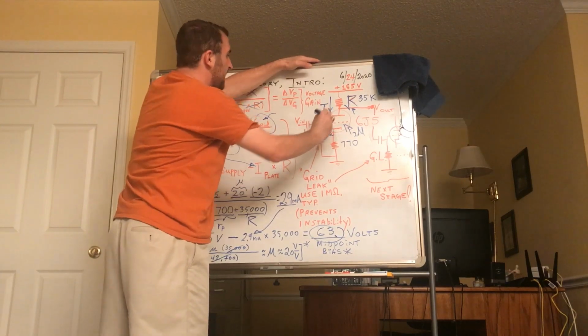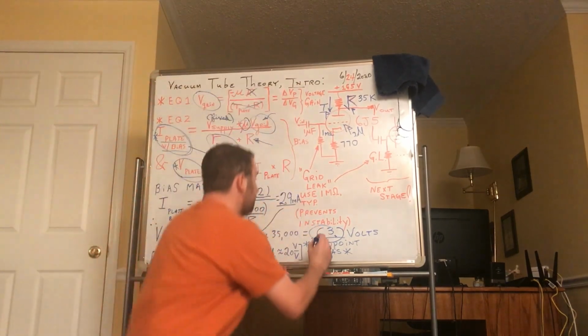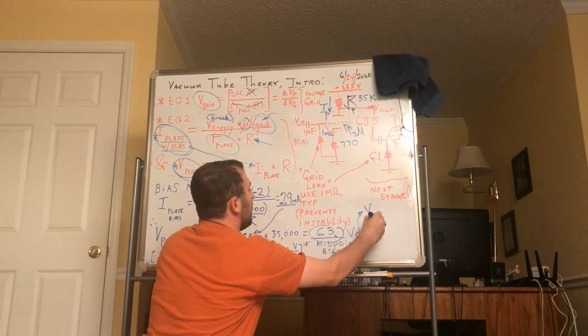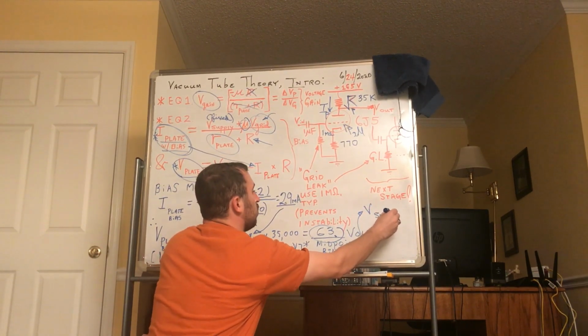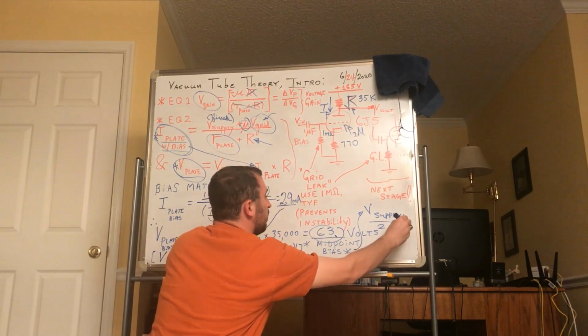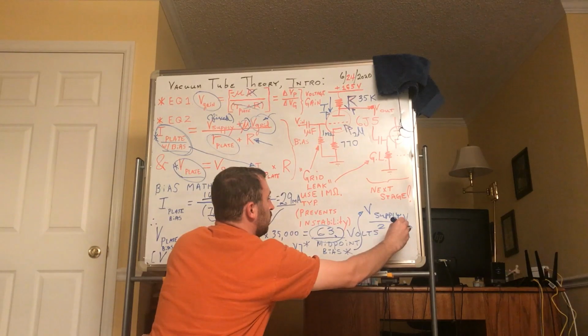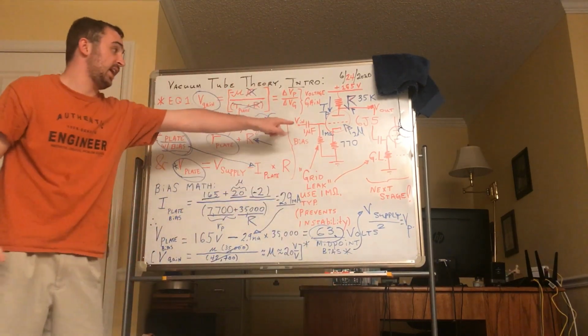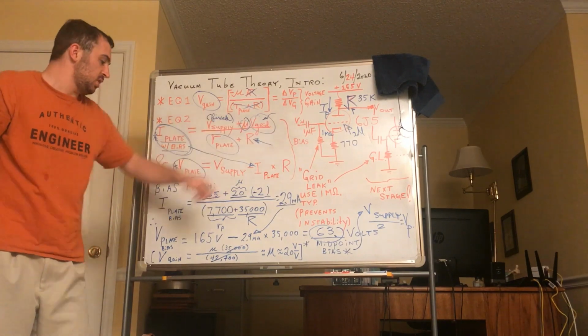The ideal bias condition, midpoint bias, would be V supply divided by 2 would equal V plate, as indicated. That's called midpoint bias for a Class A amplifier, which this one is.